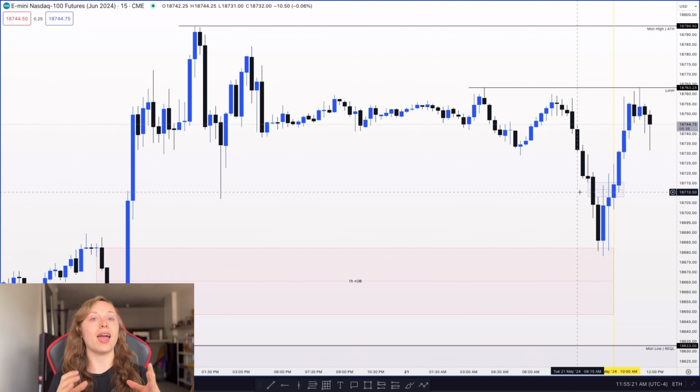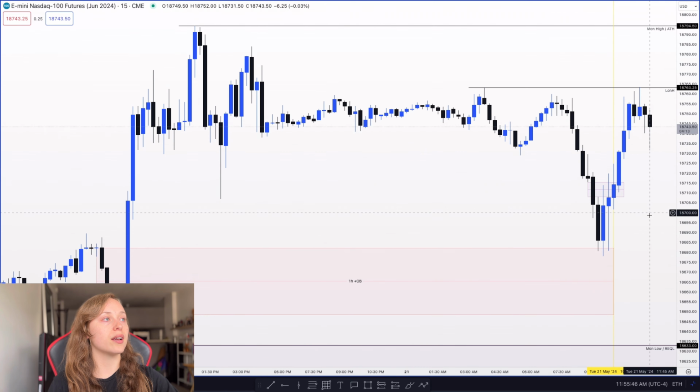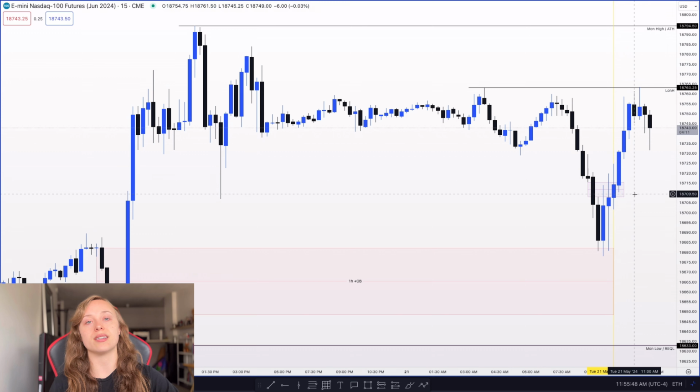We could have just said, we understand that there might be some consolidation in this 15-minute fair value gap, but ultimately we're looking for those London highs to be reached. However, this morning I was just waiting in that range, the 1 hour order block and then the 15-minute fair value gap. So we didn't get into a trade down here, but our trade actually ended up being up here, reaching for those London highs.